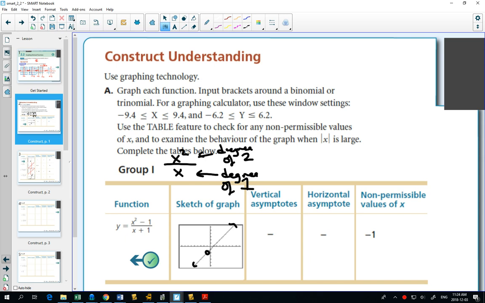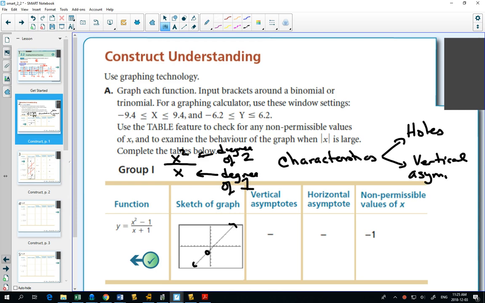When you have a parabola divided by a line, we get the following characteristics. Sometimes your graph has holes, and sometimes it has vertical asymptotes, and later we're going to learn about oblique asymptotes. Oblique is another word for diagonal.